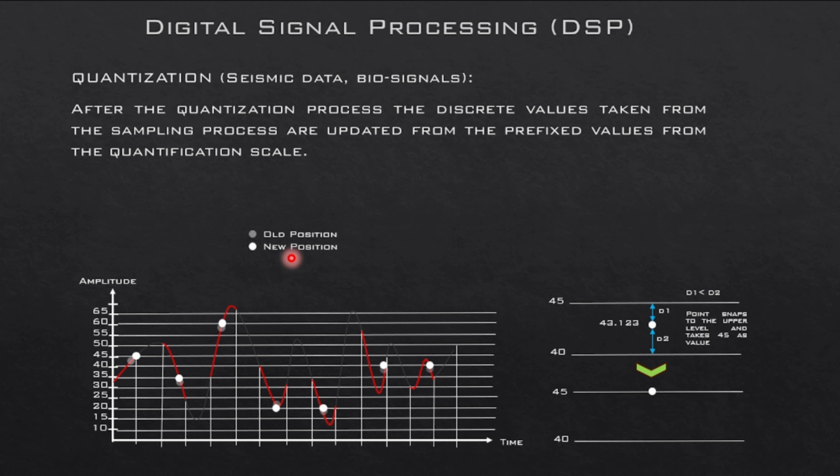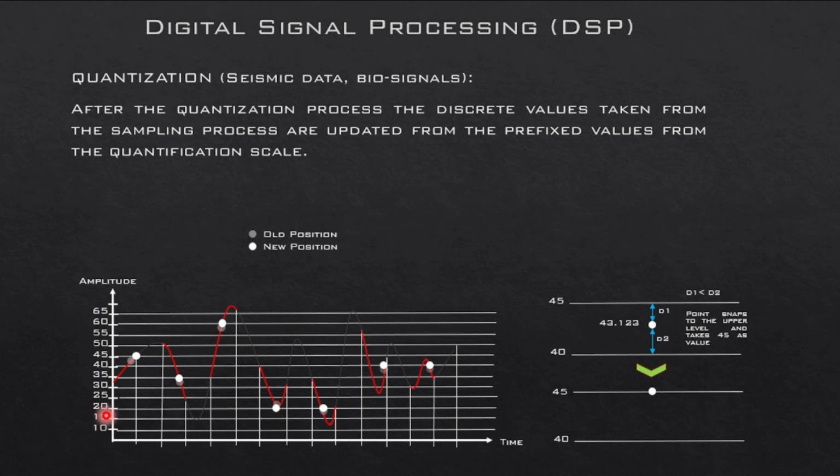So as you notice here, you have the older positions, which were in between the predefined values of the scale. These points were updated to the actual values that are among these levels within the scale. Why? Because we need to have these predefined values, because the coder cannot code unlimited values.